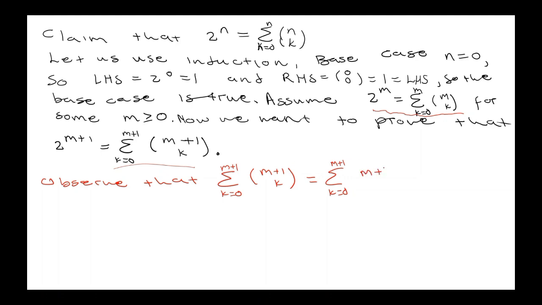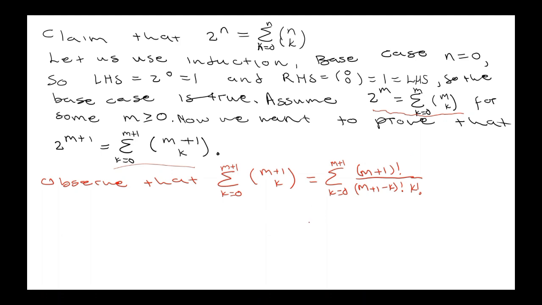A combination just basically tells you that you have m plus 1 factorial over m plus 1 minus k factorial by k factorial. So that's basically what we have.